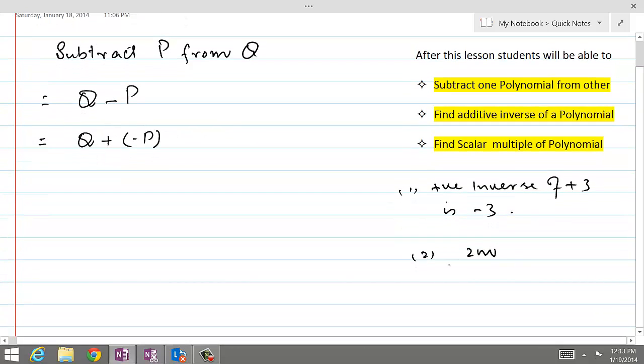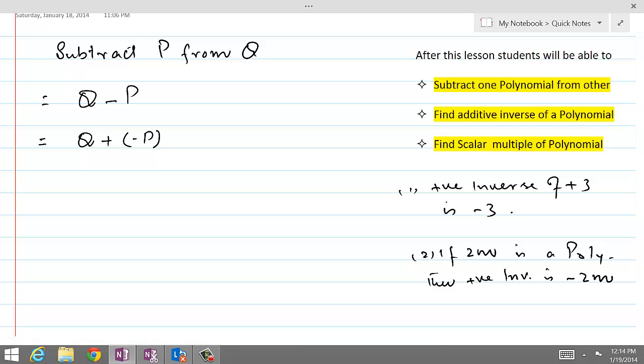What is the additive inverse of 2m? That would be minus 2m. So simply changing all the signs of the polynomial gives the additive inverse of the polynomial. Let's get started with a couple of questions here.